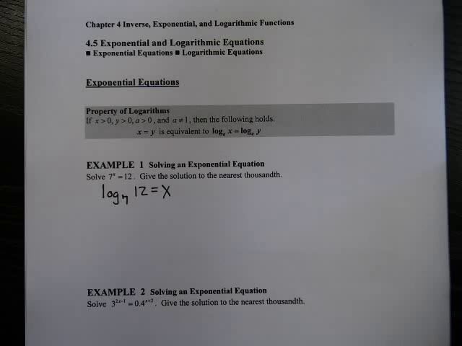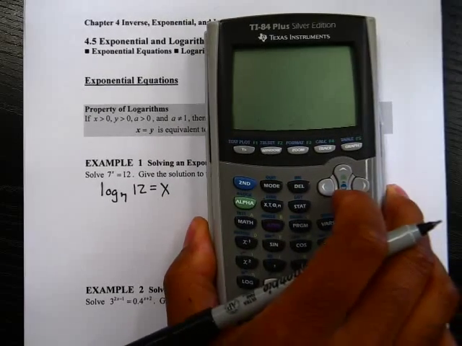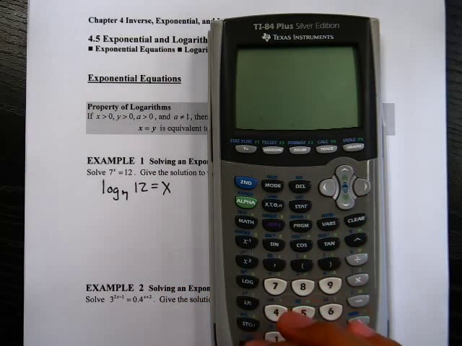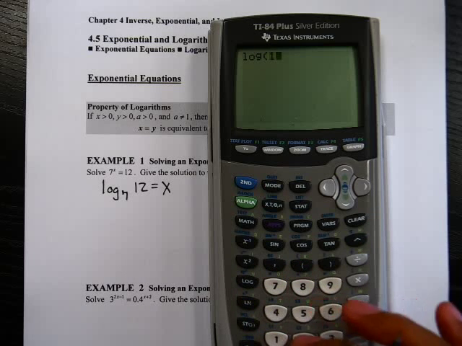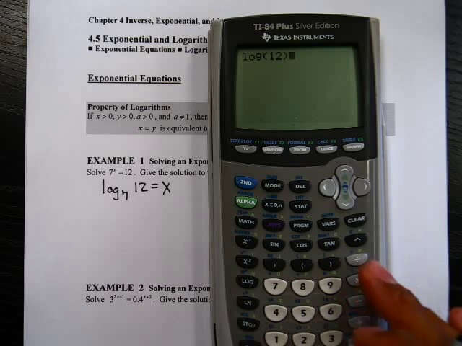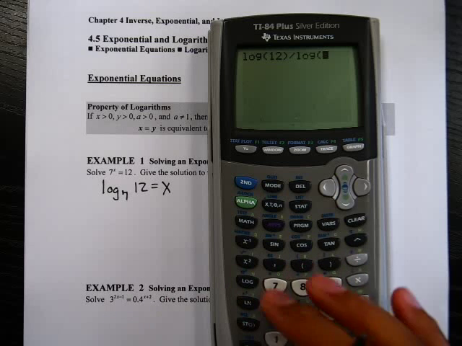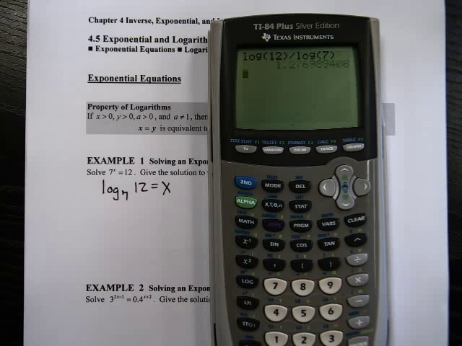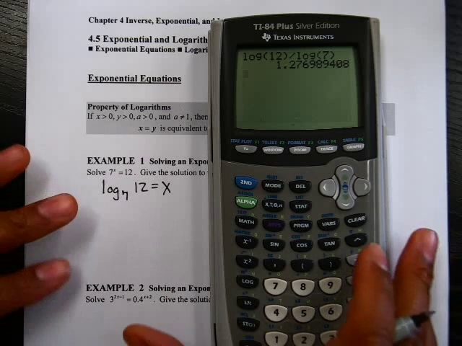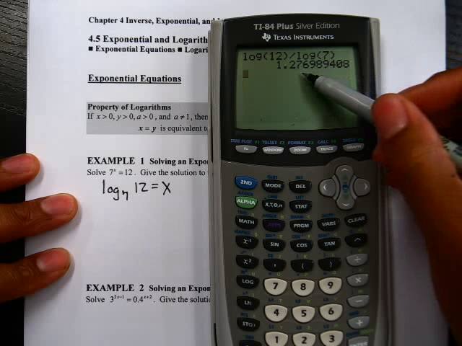So what we would put into our calculator is just like we did in the previous section. We would say log of 12, remember to close your parentheses, divided by the log of 7, close your parentheses, hit enter, and I get the answer. We need to round this to the nearest thousandth.